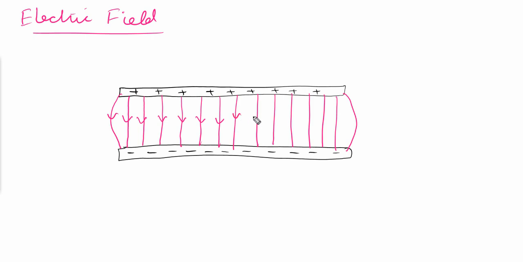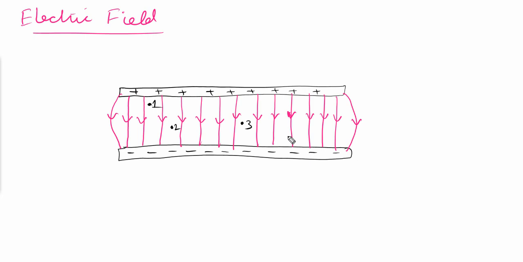So now when we put a charge at any point within this electric field, that charge will experience the same electric force of repulsion. No matter whether I put the charge at position 1, position 2 or position 3, the amount of force exerted onto that electric charge will be the same.